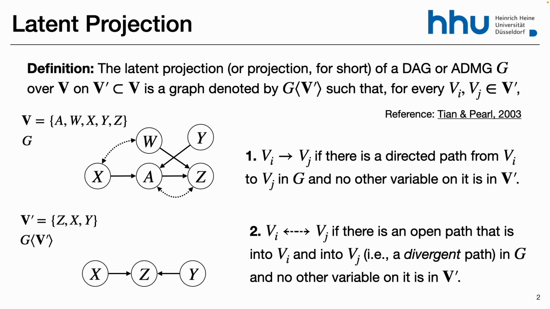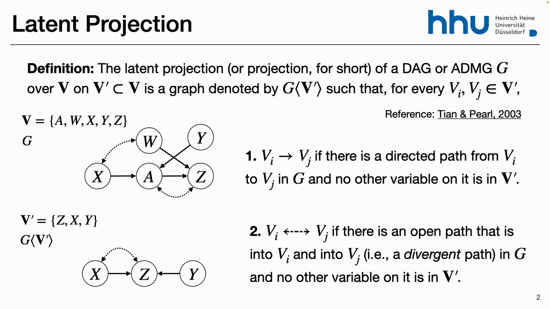It's both into x, so there is an arrowhead in x, and it's also an arrowhead in z. And it's open because it's a non collider there. So it's a path that's creating a confounding between x and z. And once you remove the w, as long as there's no other variable in this path, this has to be converted as a bidirected edge. So between x and z, now we are going to have a bidirected edge.